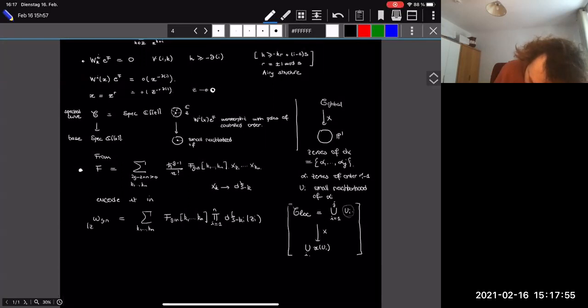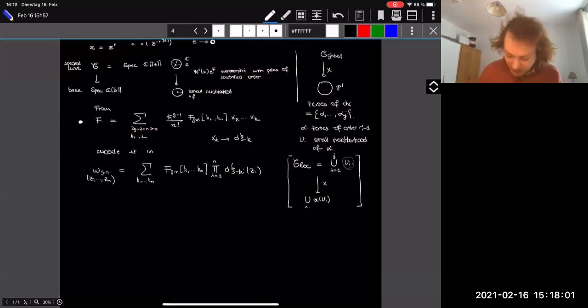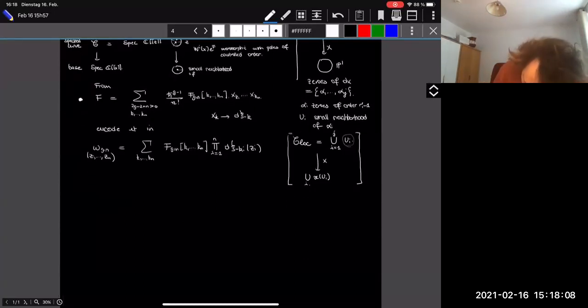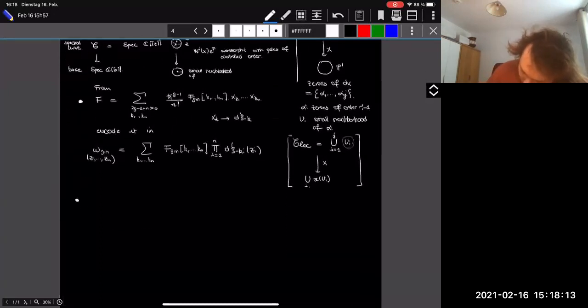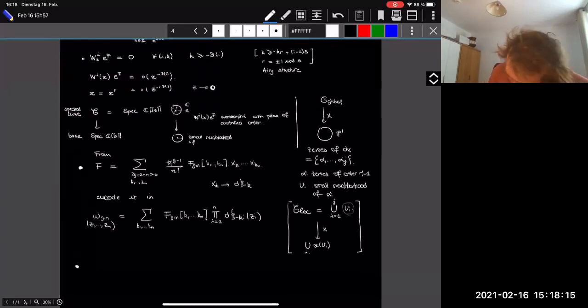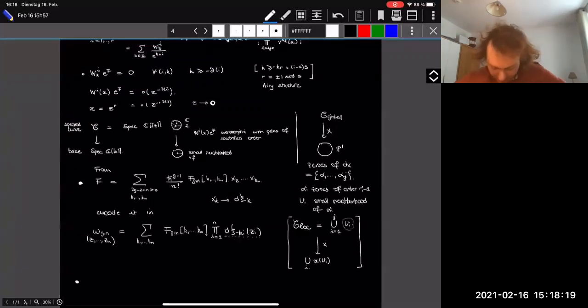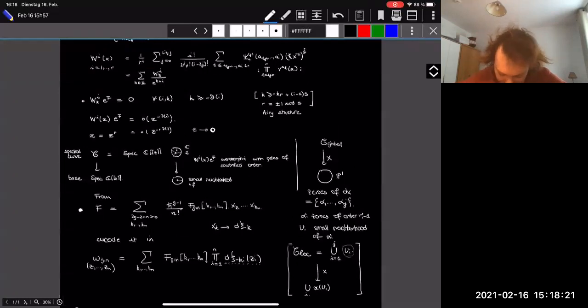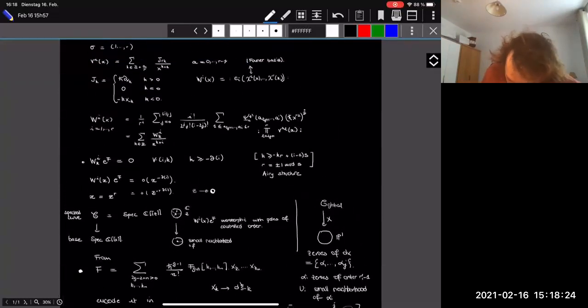So this object depends on n points on the curve. And if the d psi minus k are linearly independent, you don't lose any information in doing that. Okay, so now, even if I don't specify yet what are those d psi minus k, you could say, since I didn't lose any information, let us see what are those constraints meaning in terms of the omega g,ns.